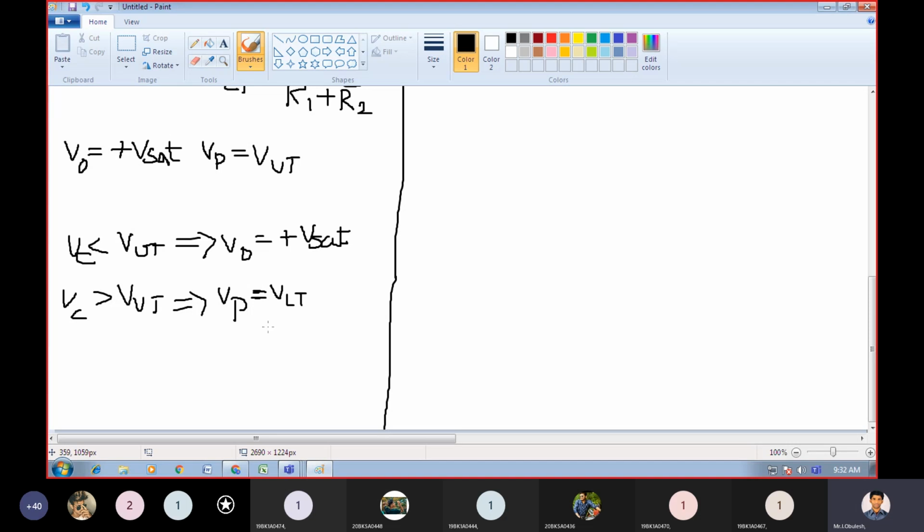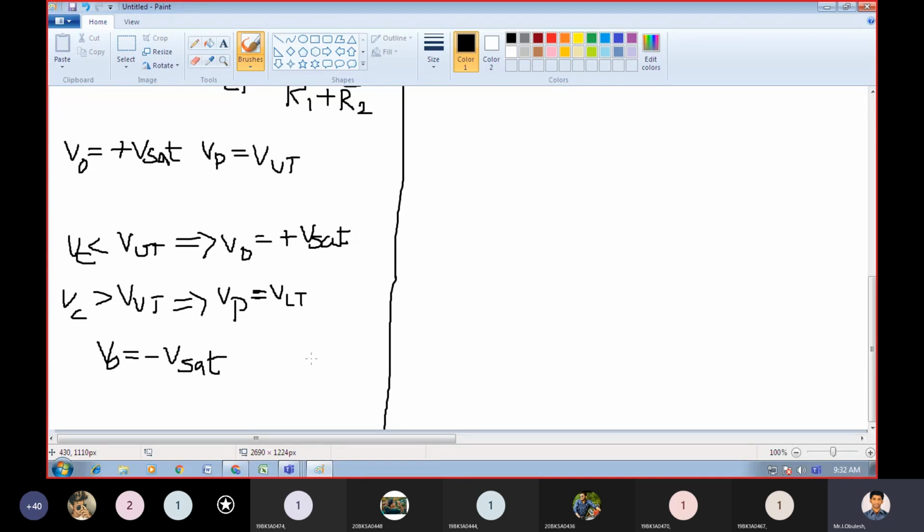As V0 switches to negative V saturation, which means the V naught value is minus V saturation, based on the above equation. If V naught switches to minus V saturation, then the capacitor C starts discharging through feedback resistor RF.